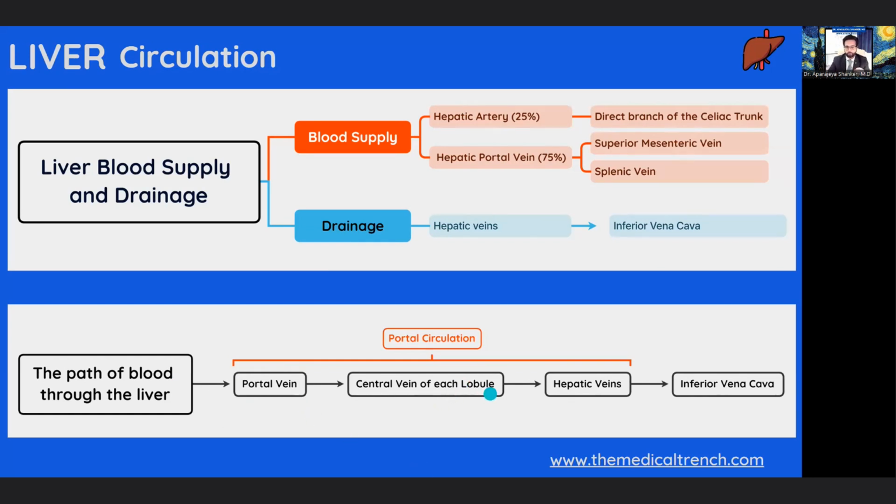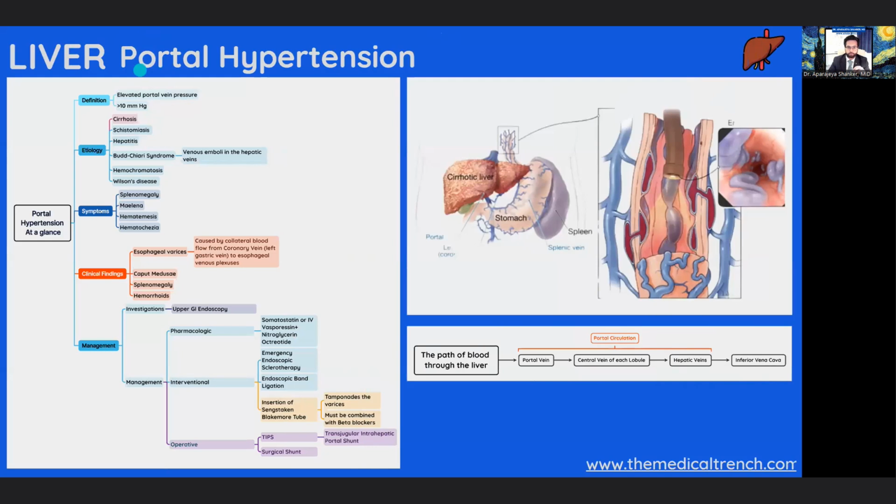All of these lobules come together to form the right and left hepatic veins, and it is the hepatic veins that connect to the inferior vena cava. This section here is the portal circulation. A vast majority of diseases actually affect this part of the liver circulation, and when we discuss this in greater detail, we'll be able to understand this in portal hypertension itself.